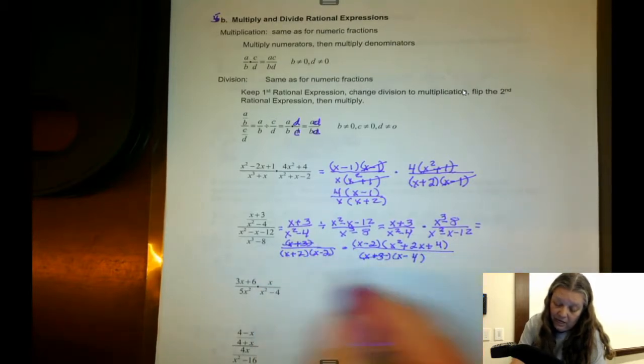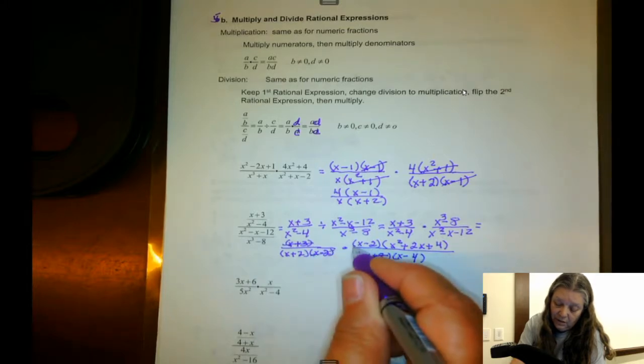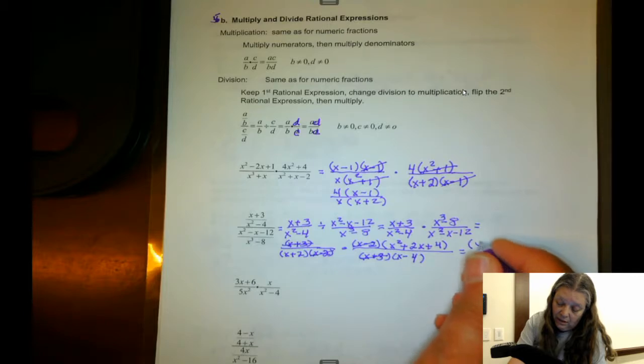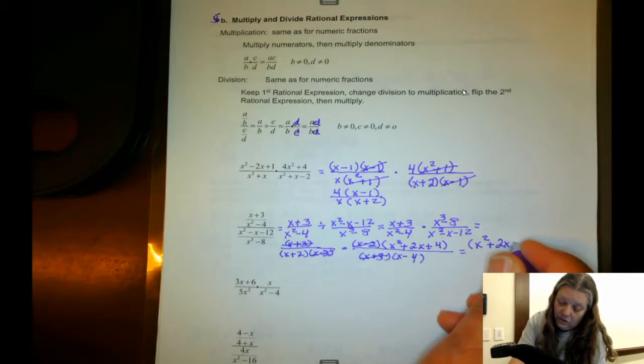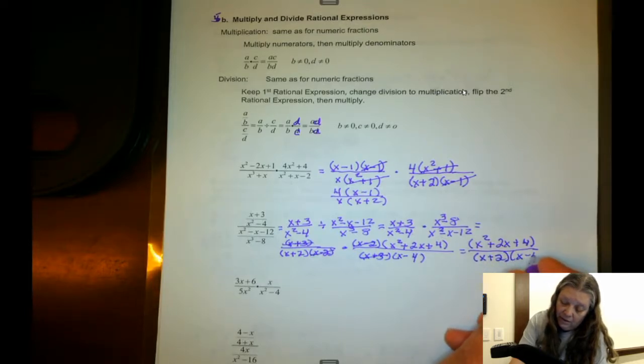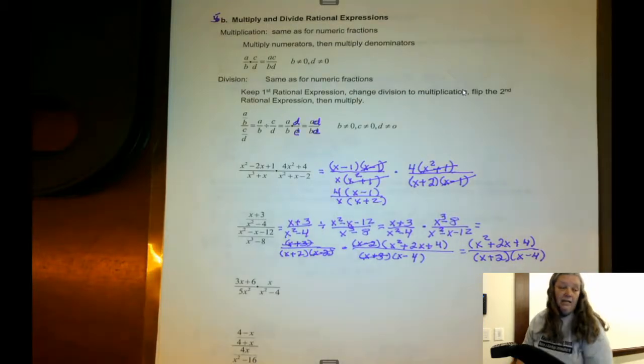So x plus 3 cancels. X minus 2 cancels. We're left with x squared plus 2x plus 4 over x plus 2, x minus 4.